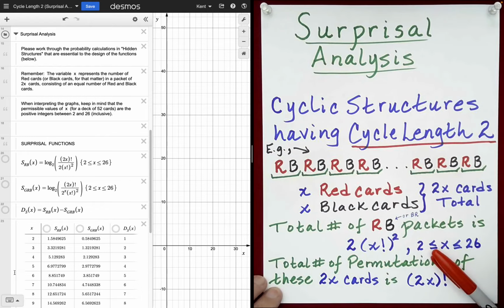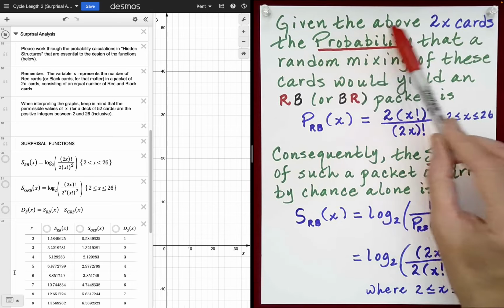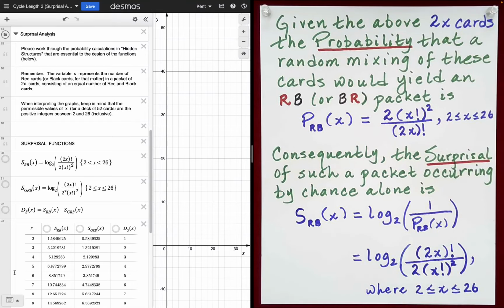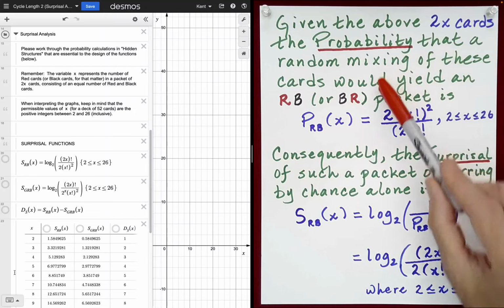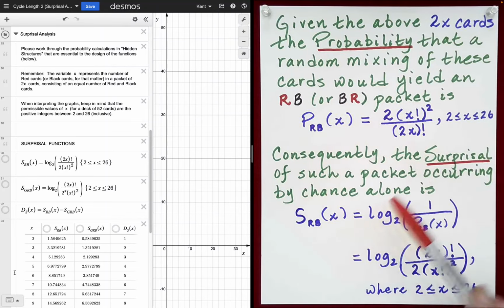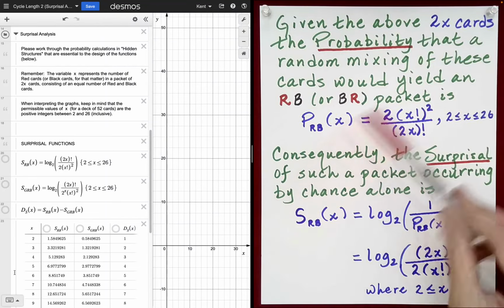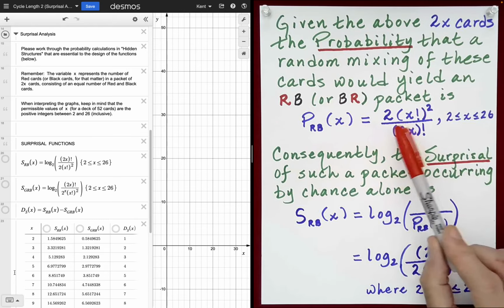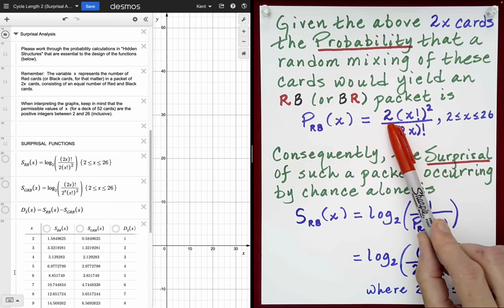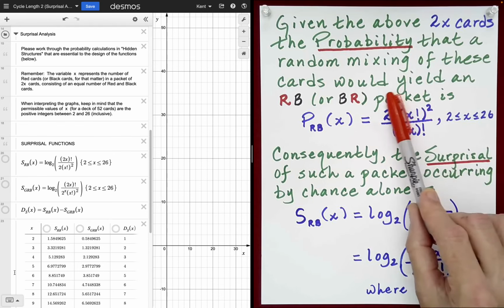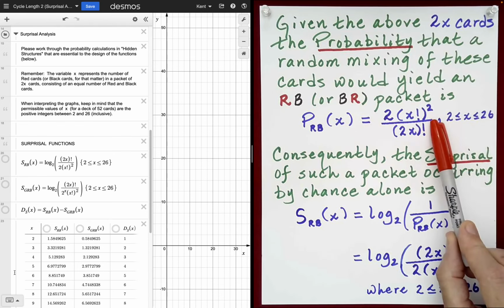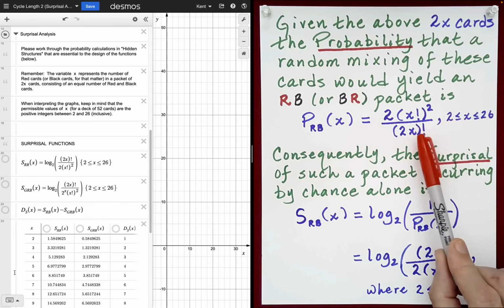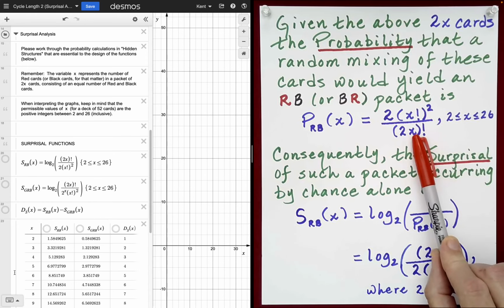The probability of that happening is what we're going to find next. So given the above 2x cards, the probability that a random mixing of these cards would yield an alternating color packet is the following. It's the number of alternating color packets total divided by the total number of permutations of the cards in that packet.